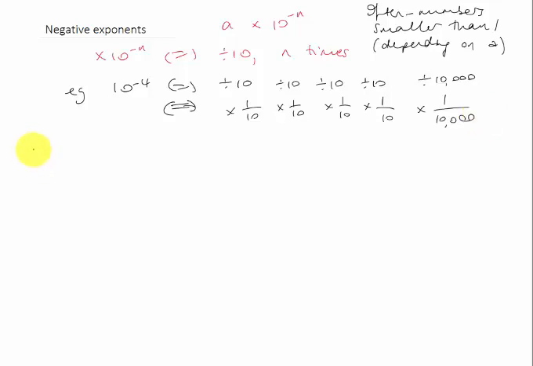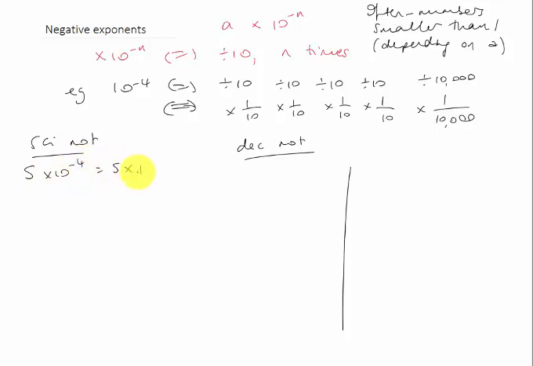So now let's convert between scientific notation and decimal notation a few times. So for example, if we have 5 times 10 to the minus 4, let's just revisit 5 times 10 to the plus 4 first. 5 times 10 to the plus 4 is 5 times 10 times 10 times 10 times 10, or 50,000.